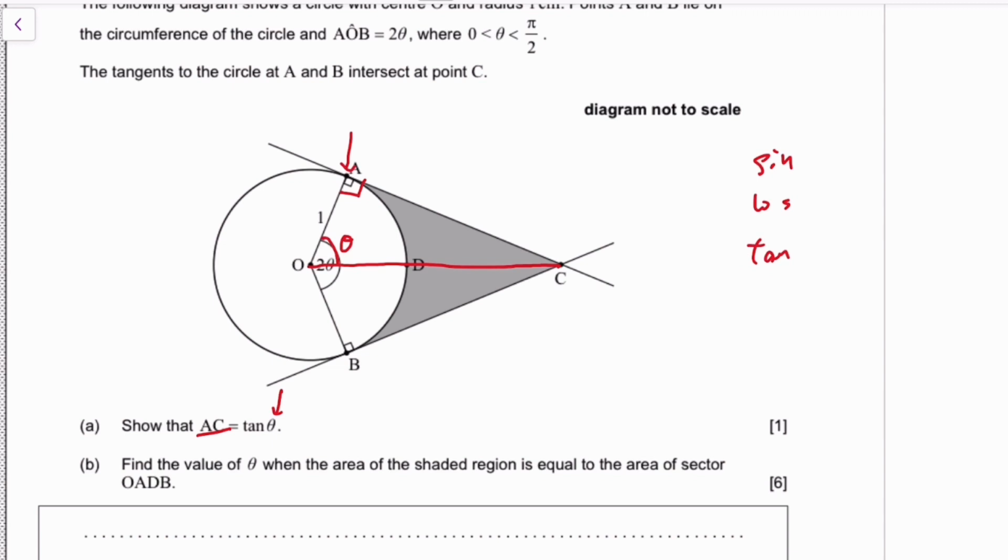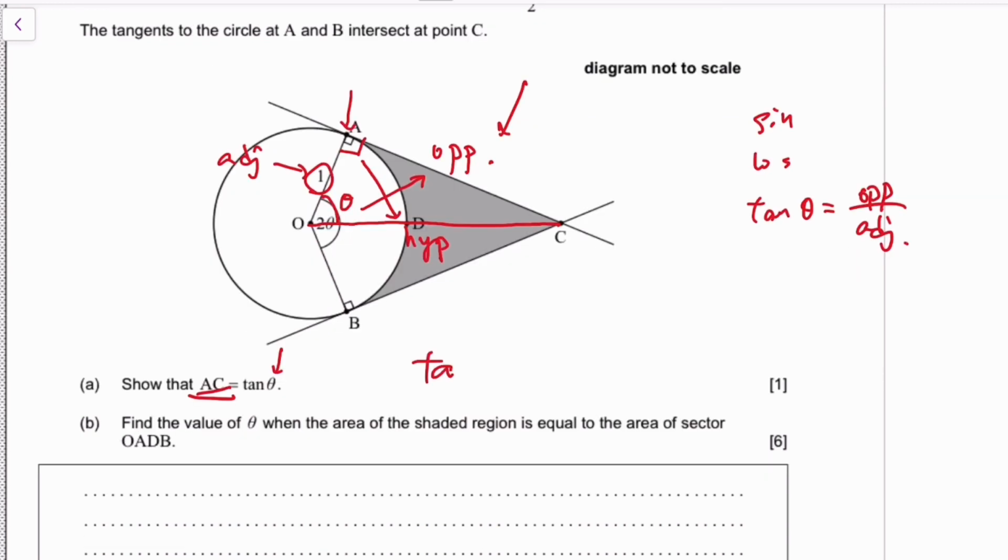Okay, so in case you forgot, the side opposite to the angle is the opposite side. The side opposite to the right angle is the hypotenuse, and then the remaining side is the adjacent side. So we're looking for AC, so we'll use opposite, and we know the adjacent, and opposite over adjacent is tangent.